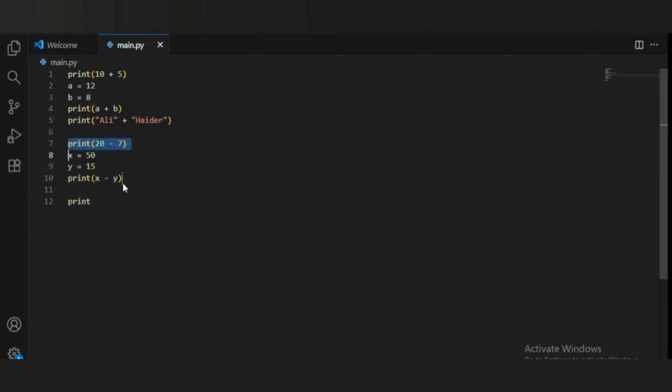This is the subtraction, this is the addition, and now I'm talking about multiplication. What is multiplication? If I print 6 multiplied by 4, this is the first example.